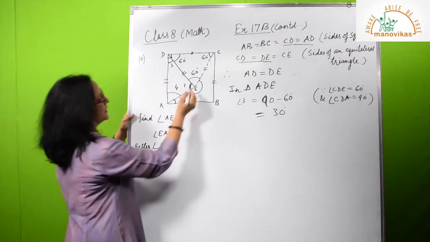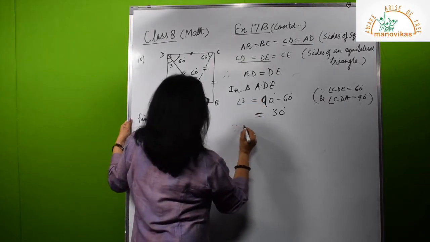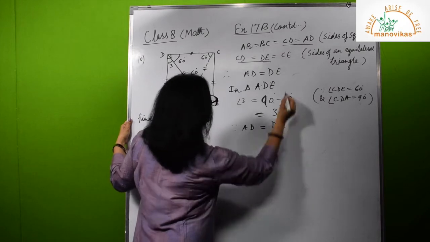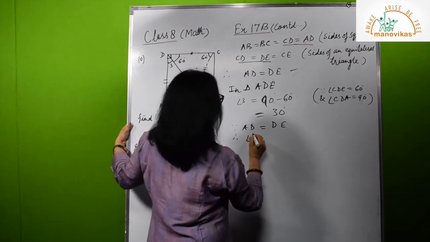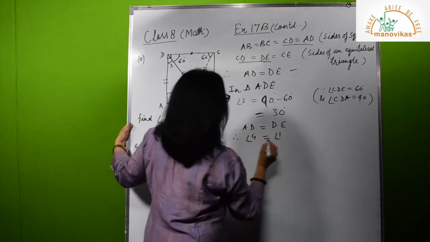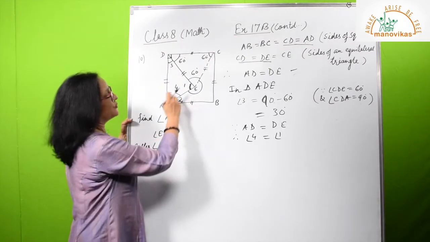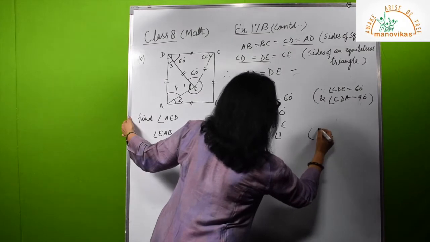Okay. Now take again this triangle ADE. Since AD is equal to DE, already we have proved this result. Therefore, angle 4 is equal to angle 1. These are two base angles. If the sides are equal, their opposite angles are also equal. So angle 1 is equal to angle 4.